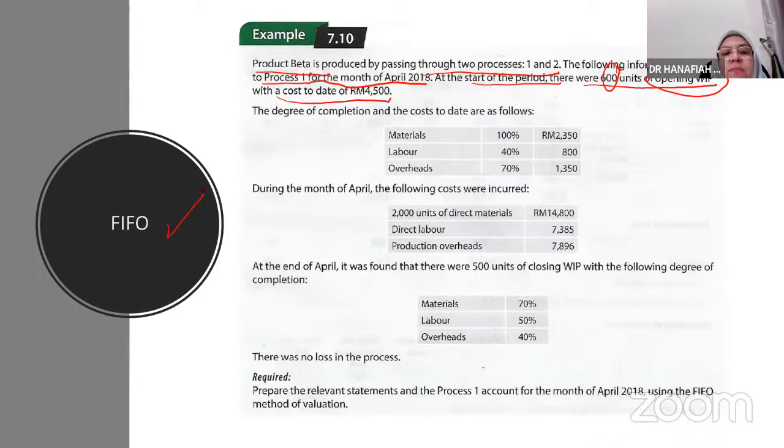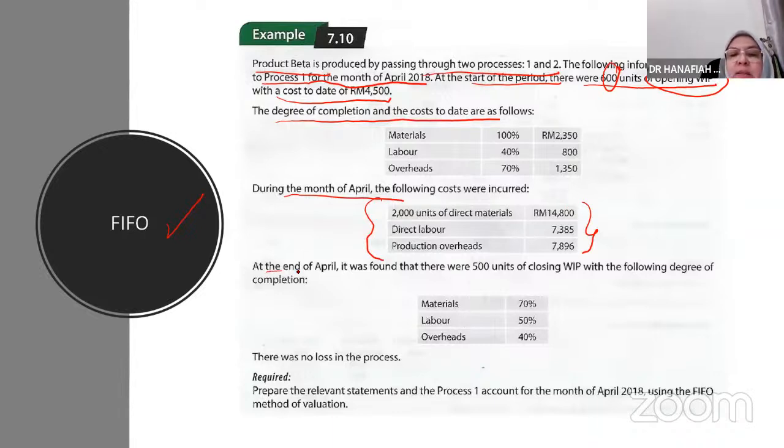Let's say we use FIFO. Look at the degree of completion for the material, labor, and overhead. This is the degree of completion at the beginning, on the 1st of April, for example. During the month, we incur another 14,000, 7,000, and 7,000.